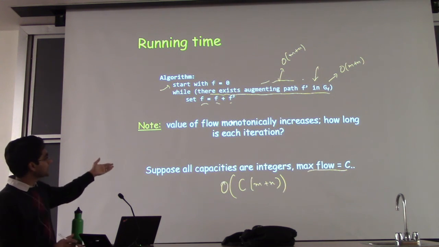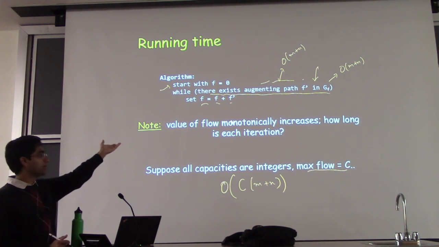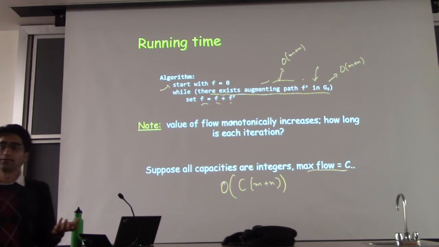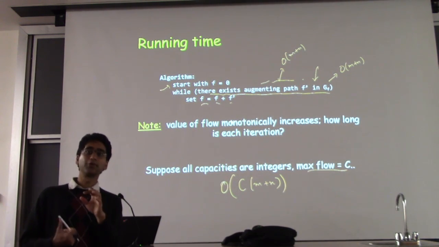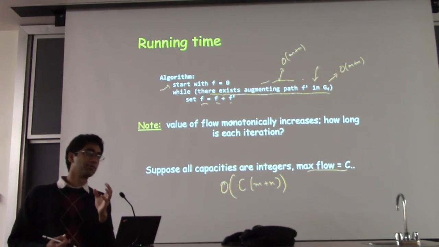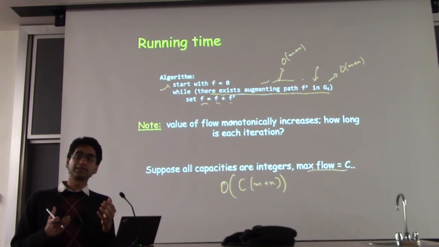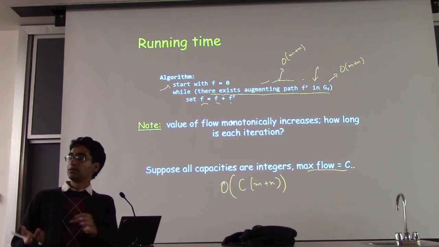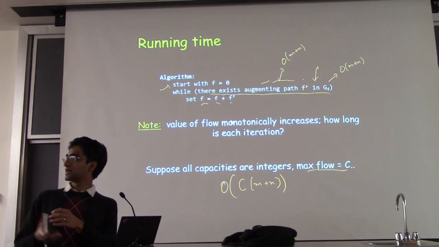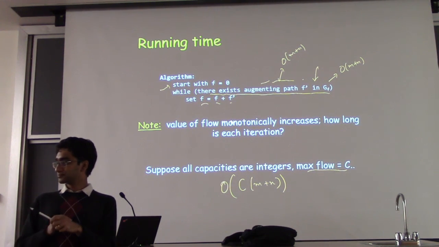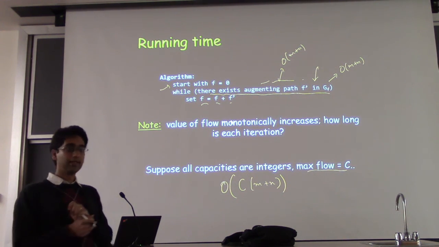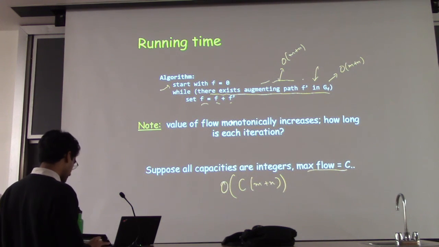One question to ask is, maybe my analysis is weak. This is something you should do when analyzing any algorithm. You come up with some analysis, you get some running time bound, then you've got to think, is there a better bound that's possible? In this case, it turns out the answer is no.